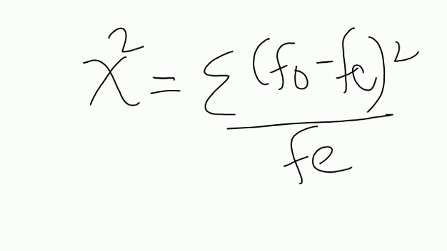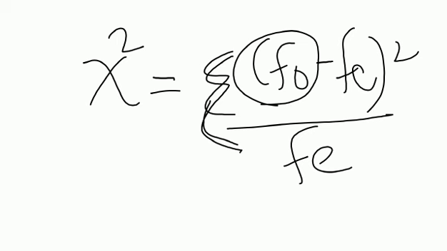The sigma applies to the whole term: sigma of FO minus FE whole square divided by FE. So what is FO? FO is the observed frequency. What is FE? FE is the expected frequency. You are taking FO minus FE whole square divided by FE, the expected frequency.